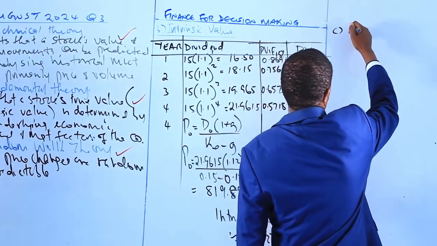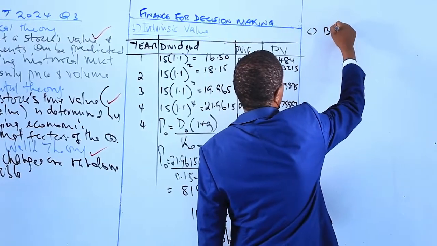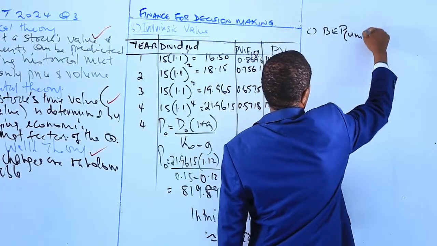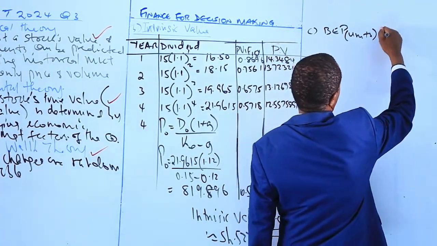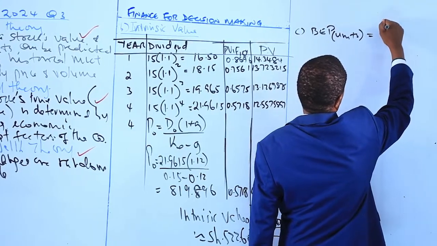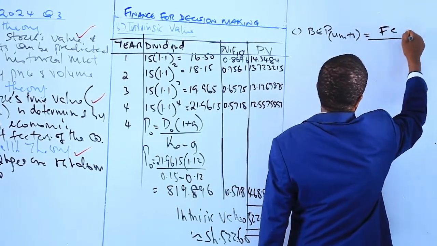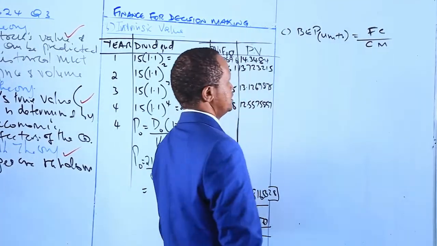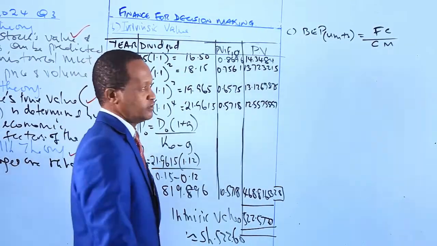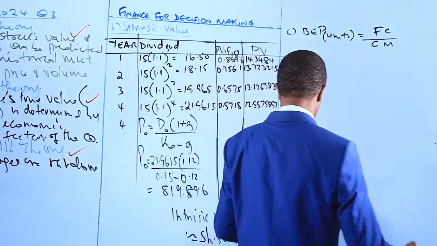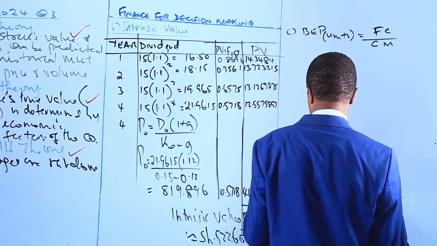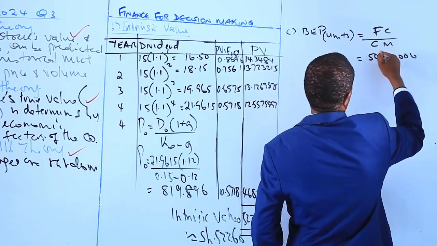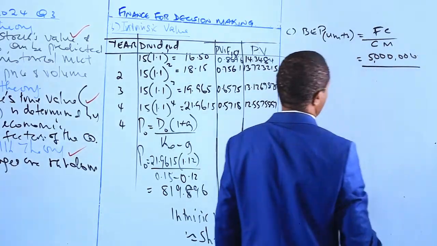We are to calculate the break-even point in units. We know the formula is fixed cost over contribution margin. So what is the fixed cost in this question? 5 million. The fixed cost here is 5 million shillings. What is the contribution margin?